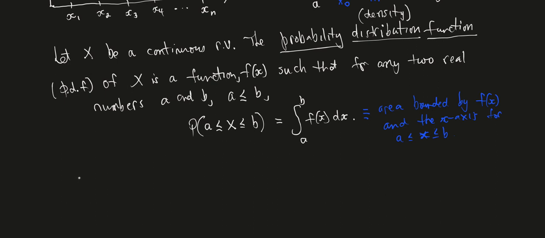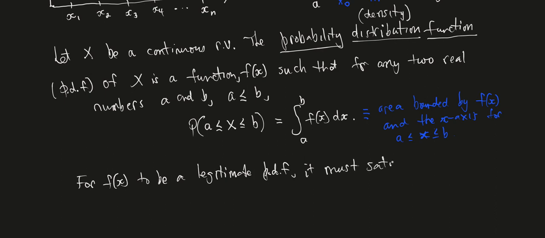So let's say this: for f of x to be a legitimate PDF, the same kind of question that we now know how to answer for the discrete, this function must satisfy the following conditions.